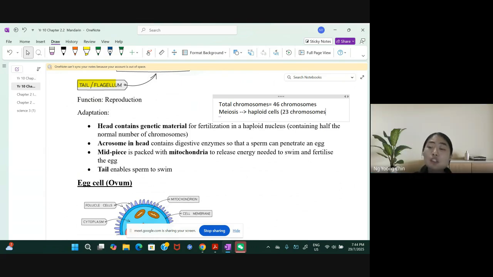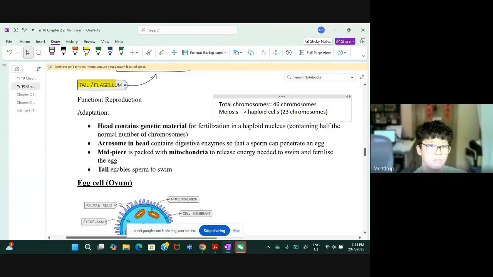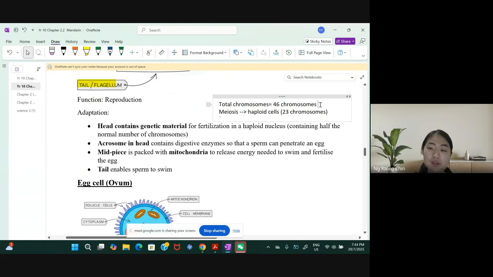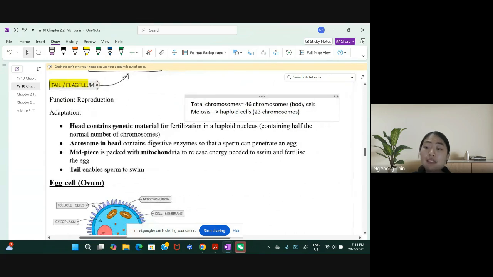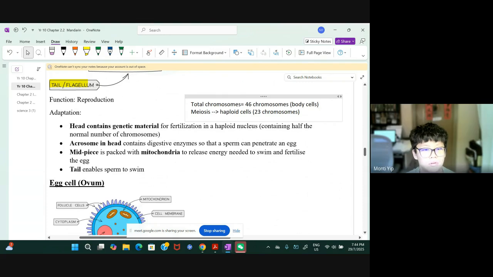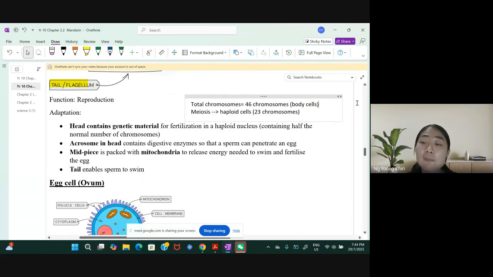So the 23 chromosomes are found in the sperm cell and the ovum. But our other body cells, for example liver cells, bone cells, eyes and skin, all contain 46 chromosomes because they are produced by mitosis.